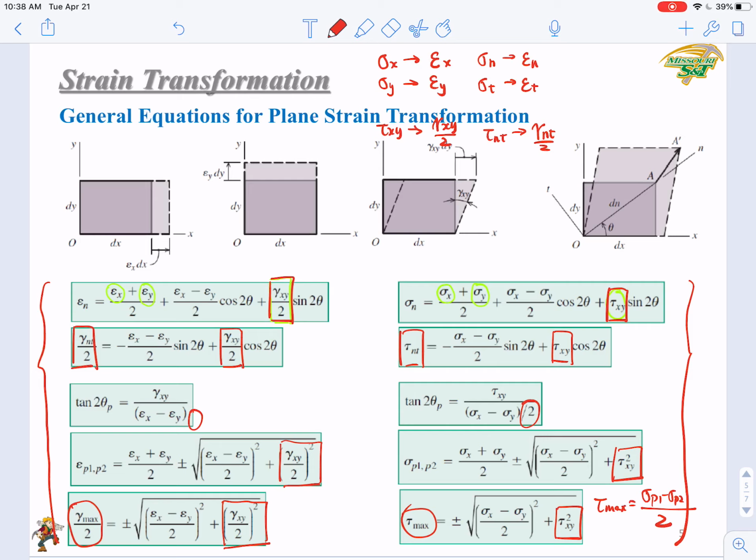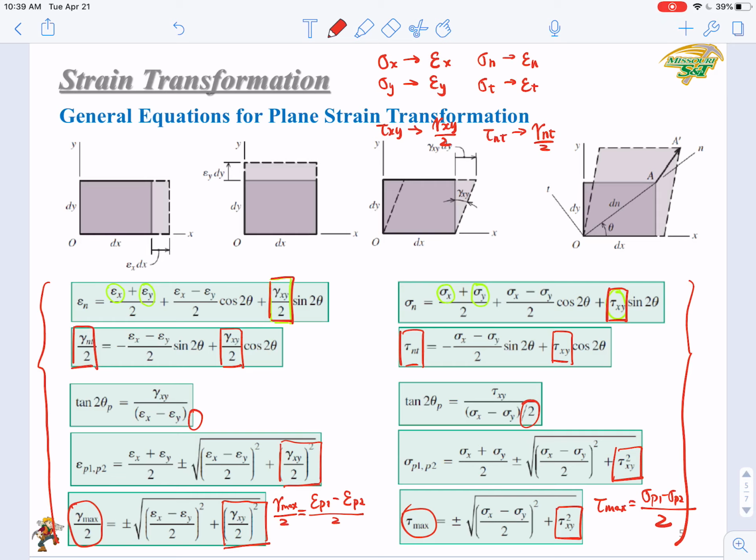On the strain part, what does it mean if you write the principal strain p1 minus principal strain p2 over 2? What does it equal? Would that be gamma max, or gamma max over 2?